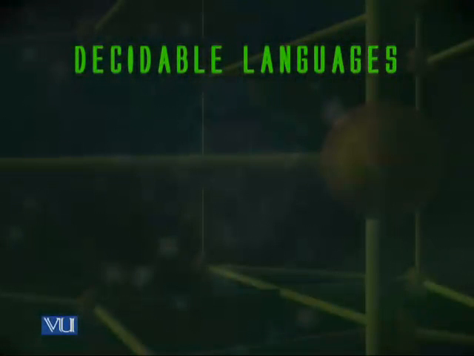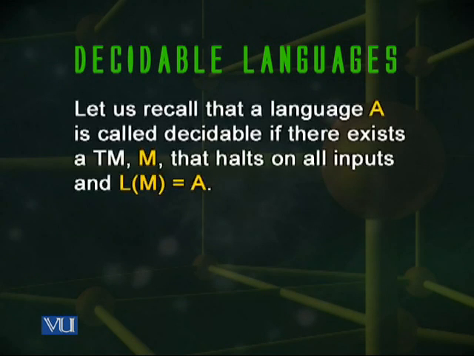Let's go back and recall the precise definition of what a decidable language is. Remember that a language is a subset of sigma star. A language A is called decidable if there exists a Turing machine M that halts on all inputs and the language of that Turing machine is A. So A is decidable if I can find a Turing machine whose language is A and the Turing machine halts on all inputs.